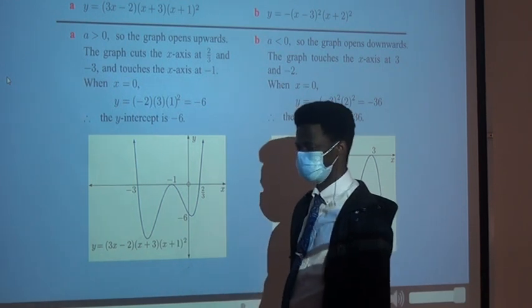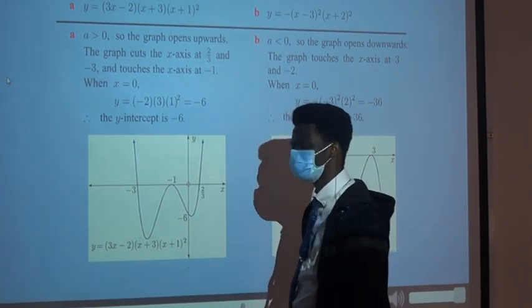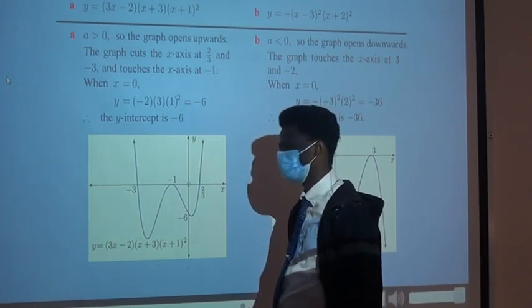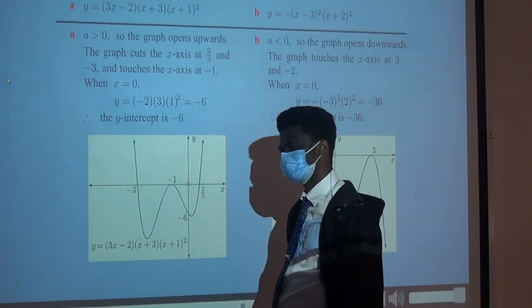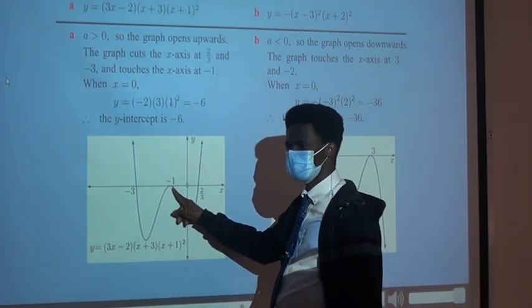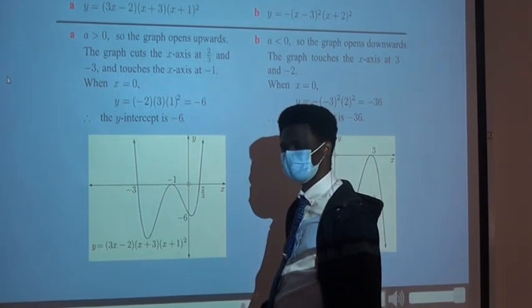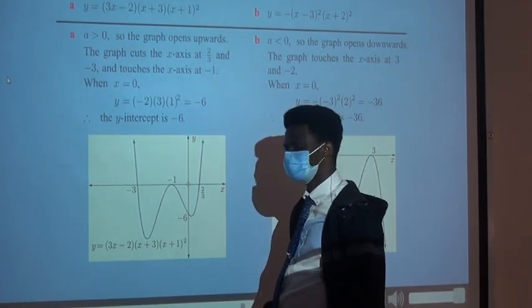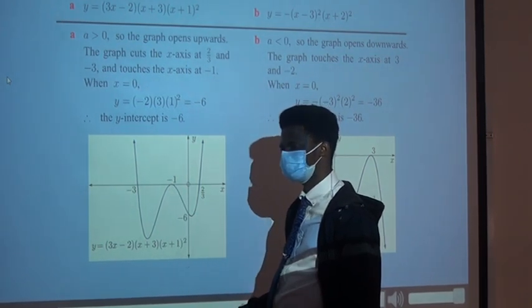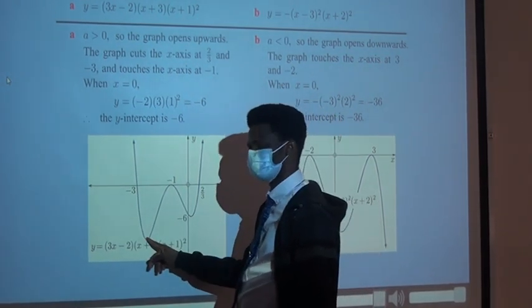Yes, quickly. With the vertex of that part, not a parabola, but a curve, would it be in the middle of those 2 points, or is it different for a quartic? Those intercepts are at -3 and 1, right?